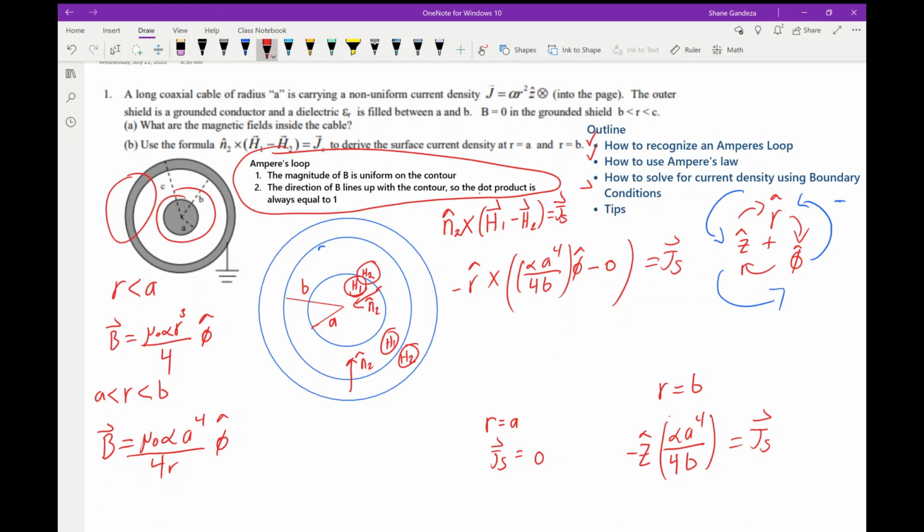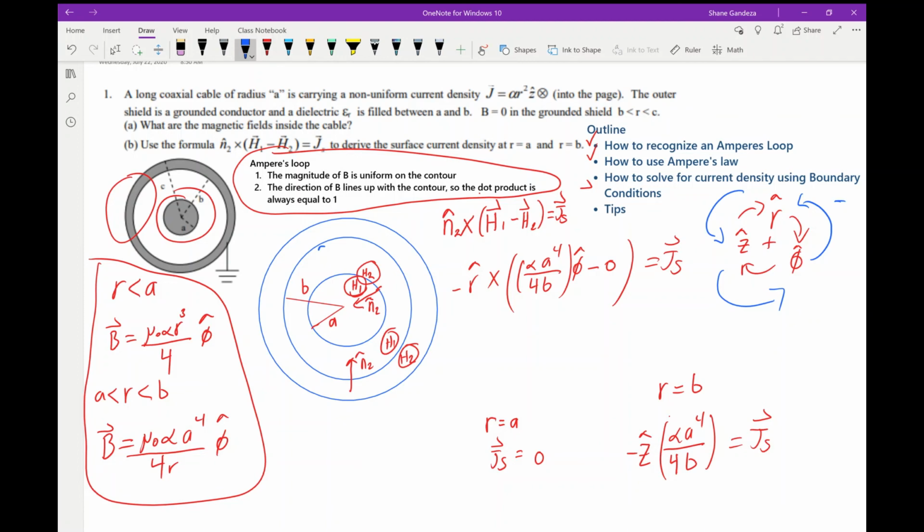And from these two solutions, we can find the H field easily, since we know that the H field is equal to B divided by the permeability. Right? And another tip for you guys is to make sure to always know how you're labeling your H fields, and that you get your N2 hat unit vector correct. Because the normal vector will be pointing from the second medium into the first medium.